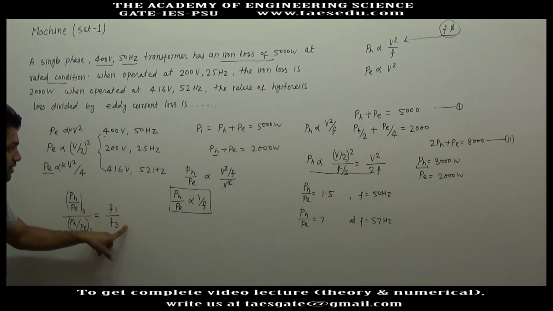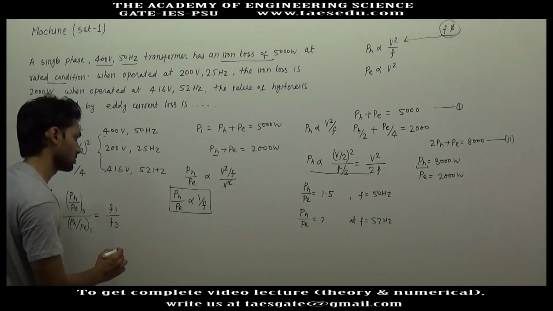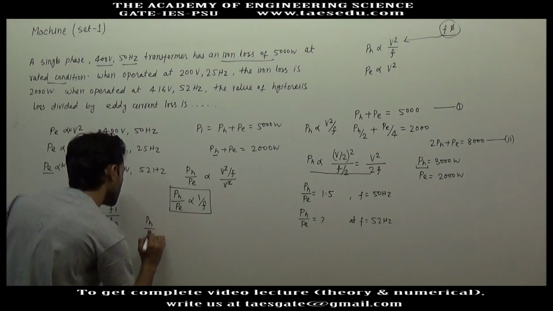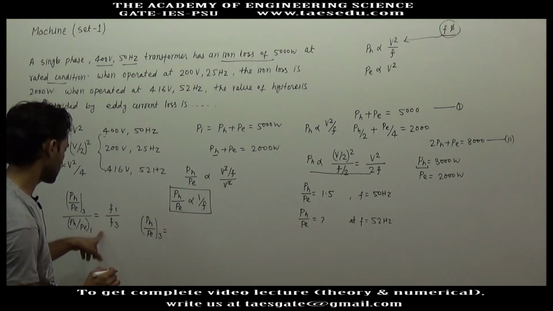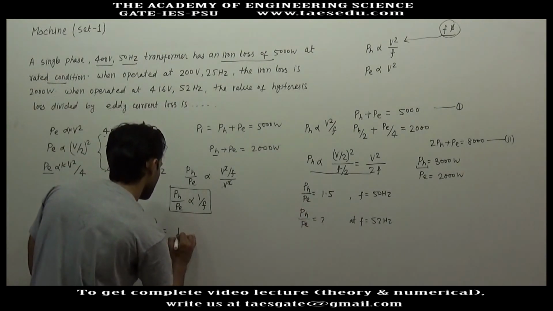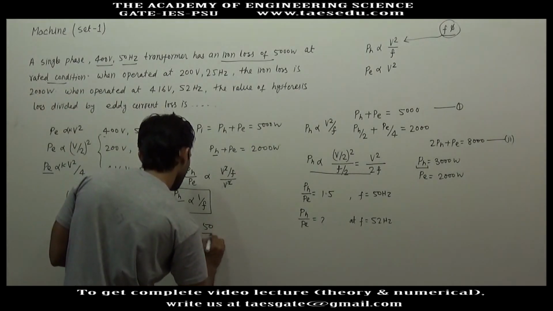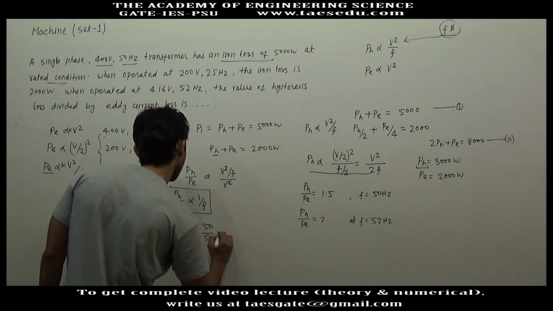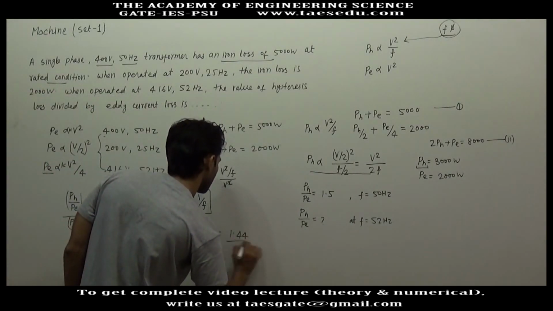If we had a direct relation, we would have 3 by 1 equal to 3 by 1. So PH by PE in the third case will be PH by PE in the first case into F1 by F3. So PH by PE in the first case is 1.5 into F1 by F3, 50 divided by 52. This will give you 1.44.